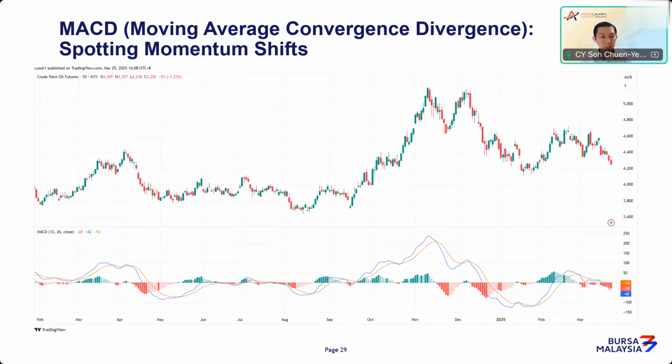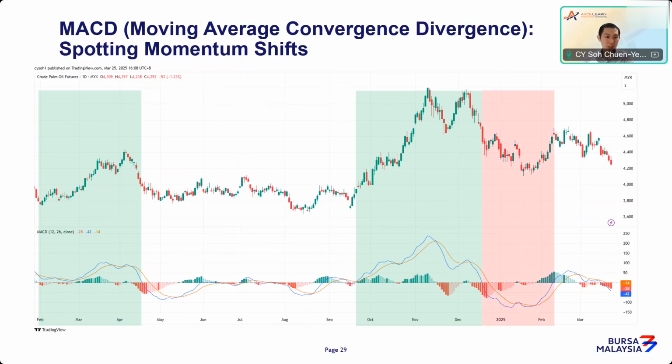Okay, so you can see at this phase how to apply your zero line. Very simple. As long as these two lines are above the zero line, it's very clear we can see it is an uptrend. Now next, when the MACD line is above your zero line, it is very clear it's an uptrend.